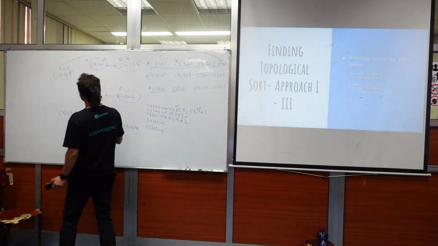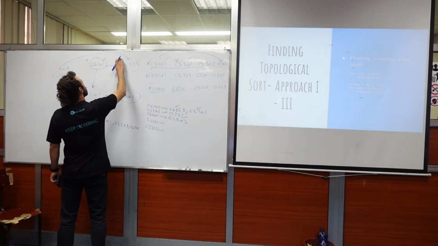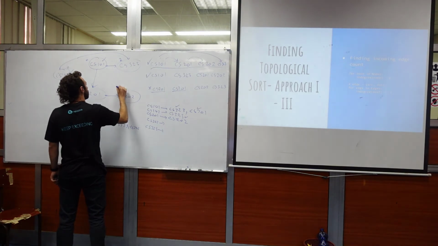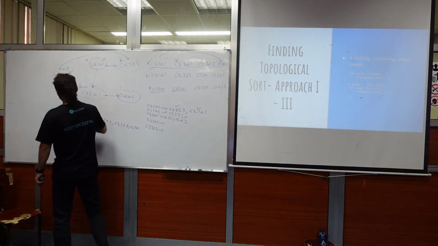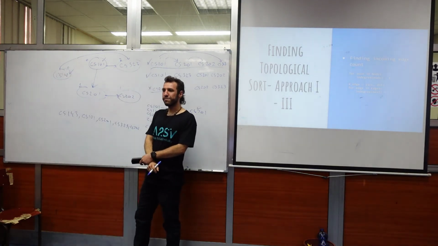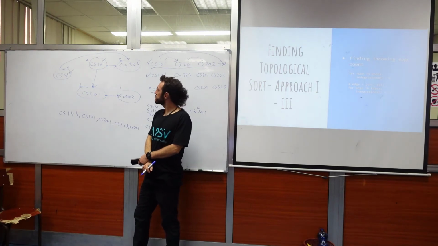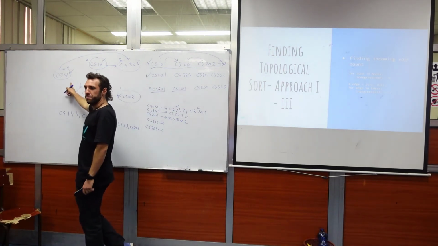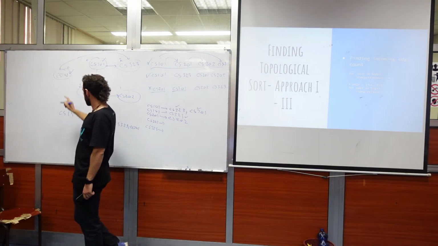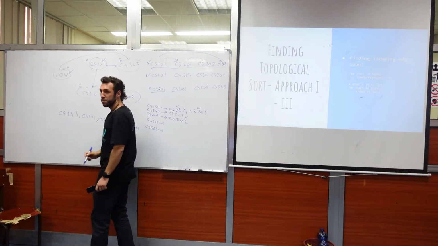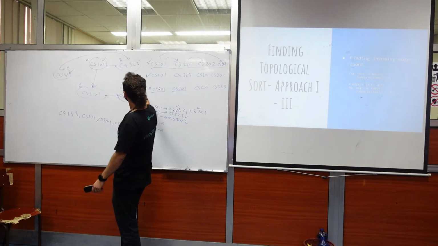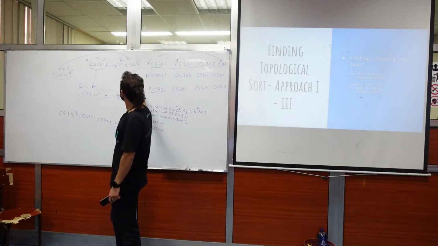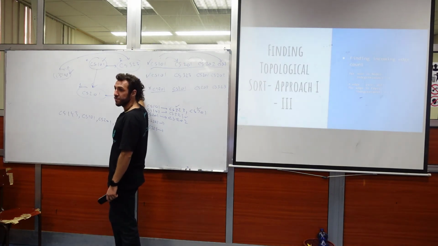And let's update the in degree counts to 0, 0, 2, 1, and 1. Yes. So now we start from node CS143, because it has an in degree of 0. And now we can process the children of CS143, which is CS323. And when we process it, that node's in degree is going to be 1.